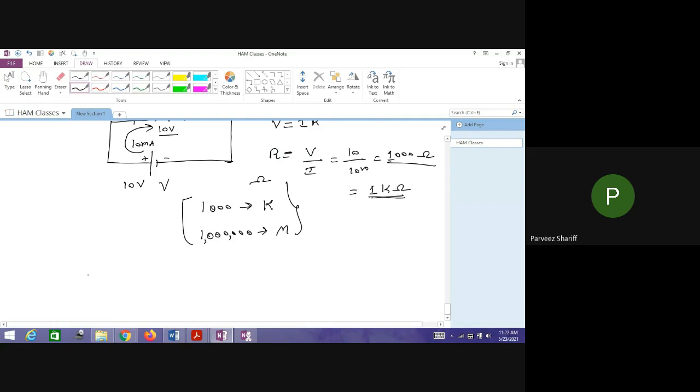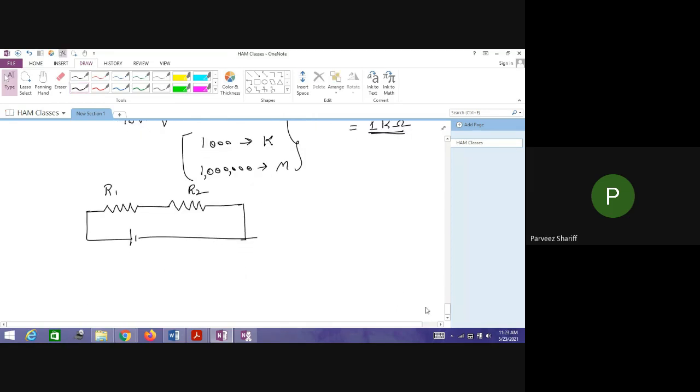Now, let us add two resistances here. Let me call this R1, and this is R2.